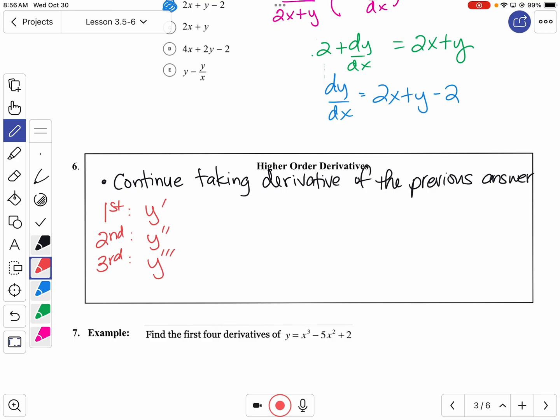So for 4 or more derivatives, we'd use a parenthesis and what looks like an exponent. The parenthesis is the notation that it's not an exponent, that it's a derivative.